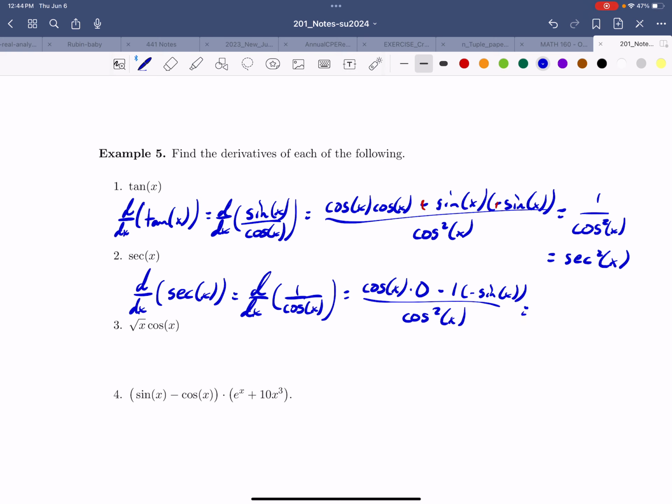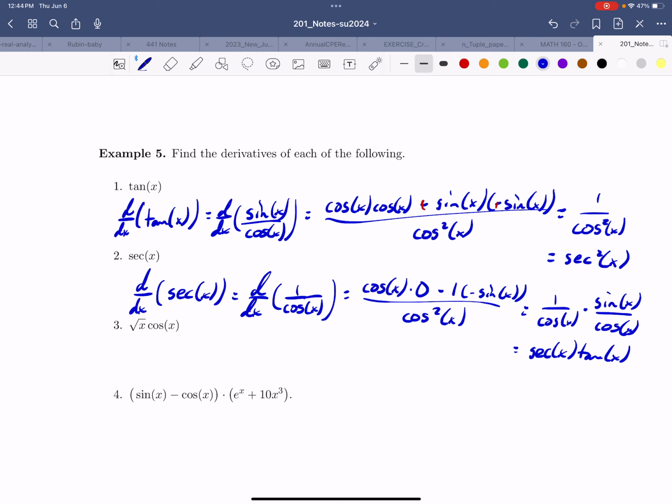This winds up being sine over cosine squared. Let's group that a little nicer, and we'll have 1 over cosine times sine over cosine, which gives us secant of x, tangent of x. So the derivative of secant is secant tangent.